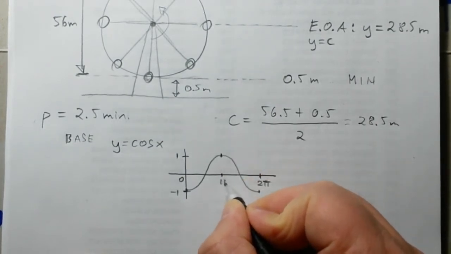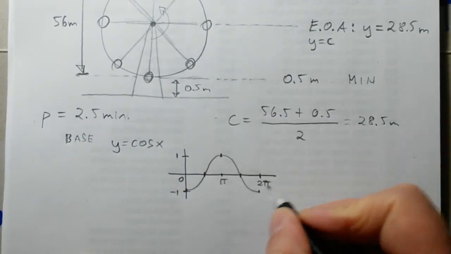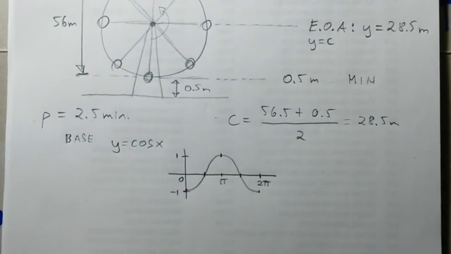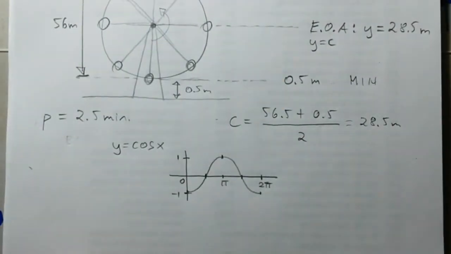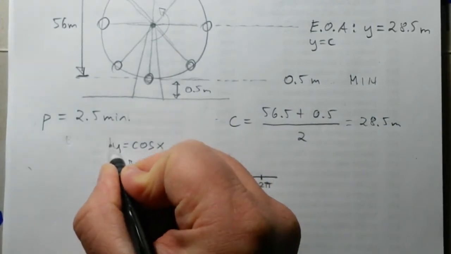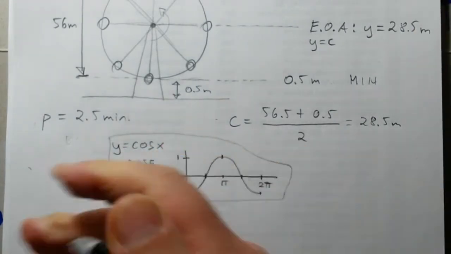Halfway in between this would be pi. Halfway between these two, pi over 2, and this one, 3 pi over 2. I won't label the whole thing, but you should know it. So this is our base function, our parent function. And that's it, just as a reference.